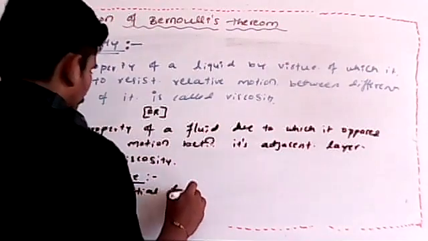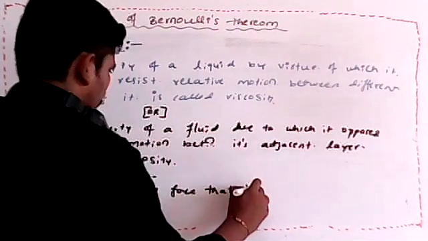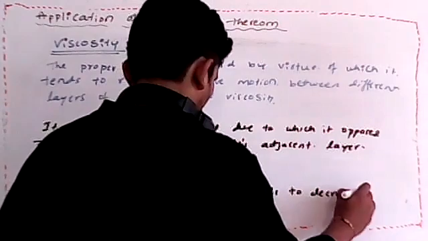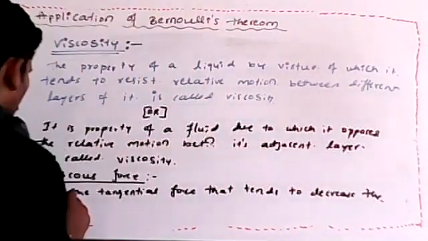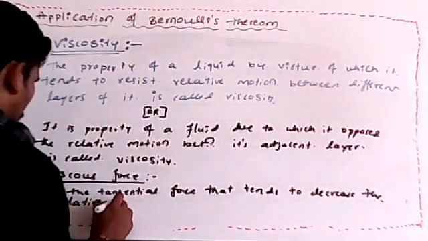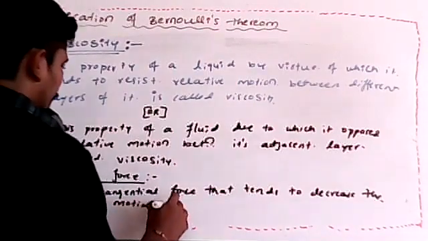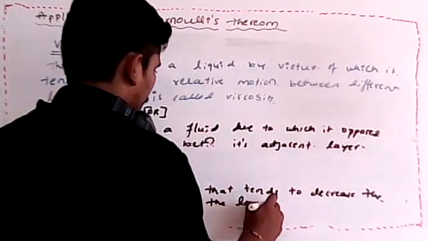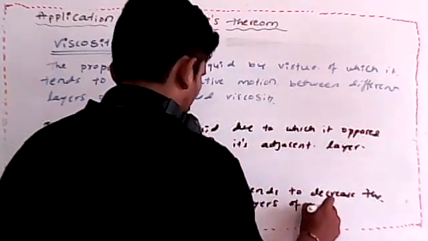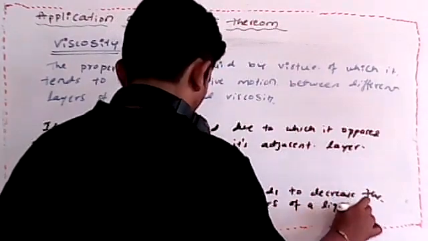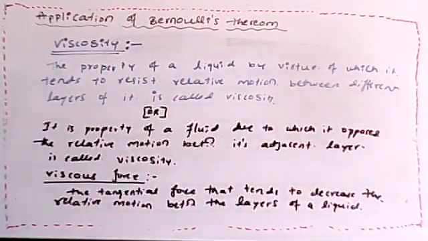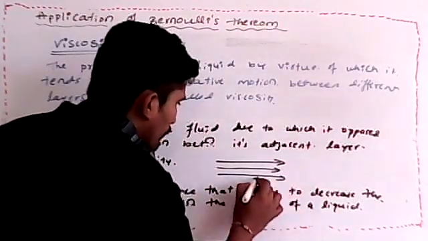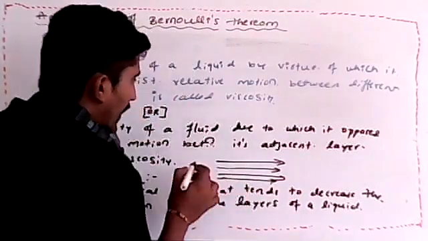We can say it this way: the tangential force that tends to decrease the relative motion between the layers of a liquid is called viscous force. Tangential forces are those which are parallel to each other.